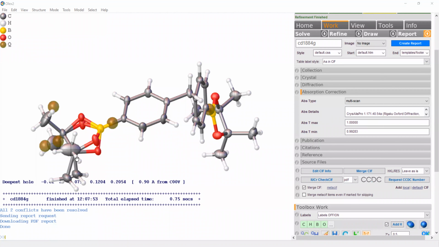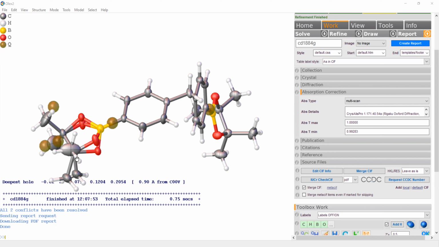So one thing we need to correct is the Z value should be 8 instead of 4, because remember this is I centering. So if we set a Z value of 4, that would imply that there's a half unit in the asymmetric unit, aka maybe a half a molecule in the asymmetric unit. But since there's a whole molecule in the asymmetric unit, our Z should be 8.